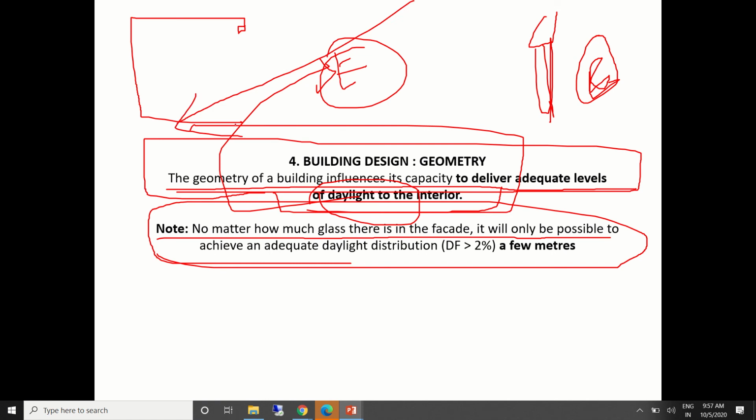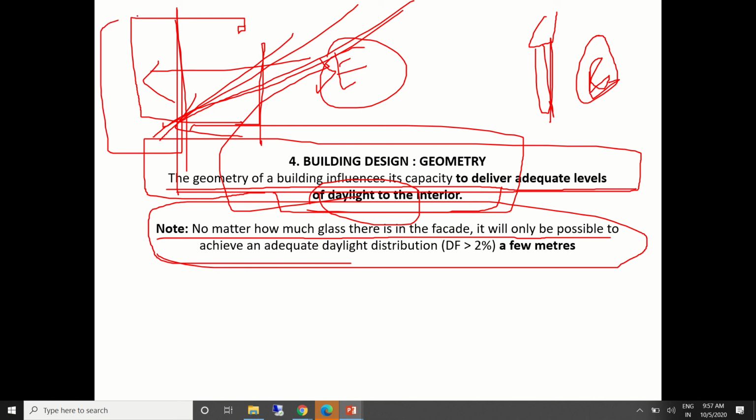We can only bring in light up to certain levels. So our idea is to see to what extent we can bring it, and from there maybe artificial light design can come into the picture. Our idea is to bring in as much daylight as possible.